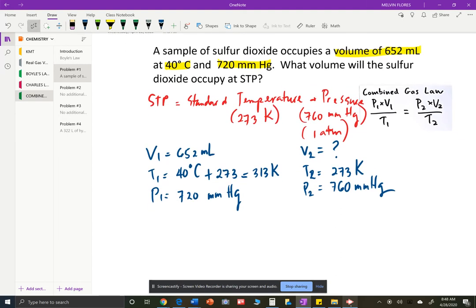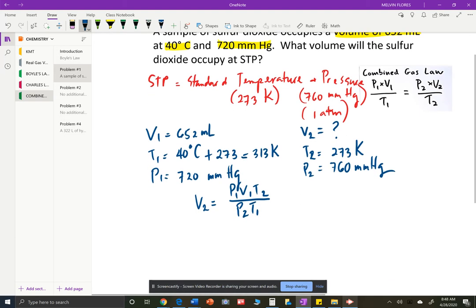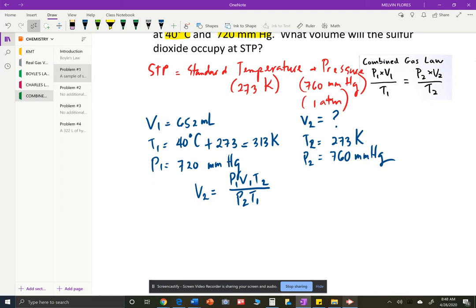Okay, so we can use the formula now. We're looking for V2. So if V2 is unknown, then we can use the formula for the combined gas law here. So P1 V1 times T2 divided by P2 times T1. So you can plug in the given to the formula.